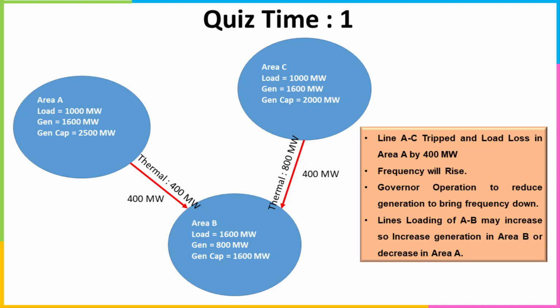Let us assume the impedance of the tie lines is the same. So this may result in overloading. What actions will be required? As an operator, you expect that governor operation should reduce the generation and bring the frequency back to the nominal system frequency of 50. These are the problems you can face in such a scenario.